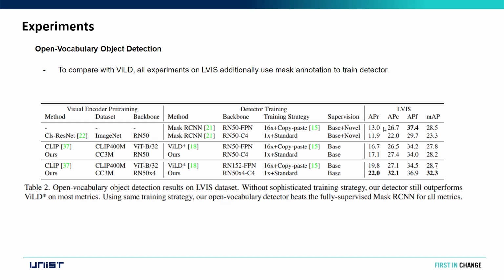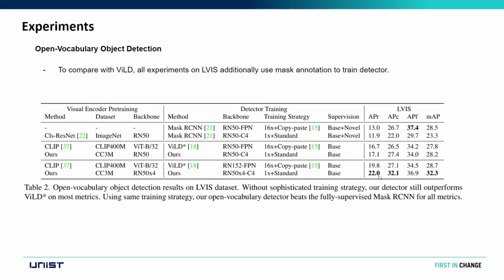I think here APr stands for the base cases, and APc and APf stand for novel cases. No, yeah, so it's opposite.